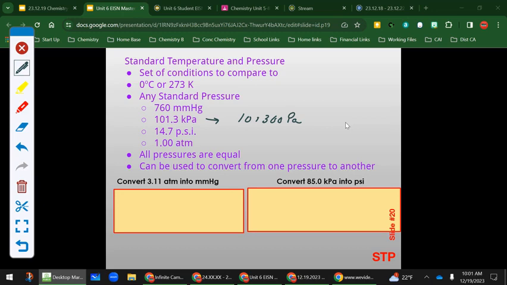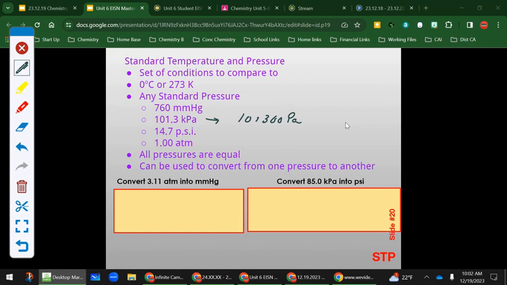Now, 4 quarters, 10 dimes, 20 nickels, 100 pennies. All of those are what to each other? Equal. All of these pressures are equal to each other, ladies and gentlemen. All of them are the exact same amount of pressure.